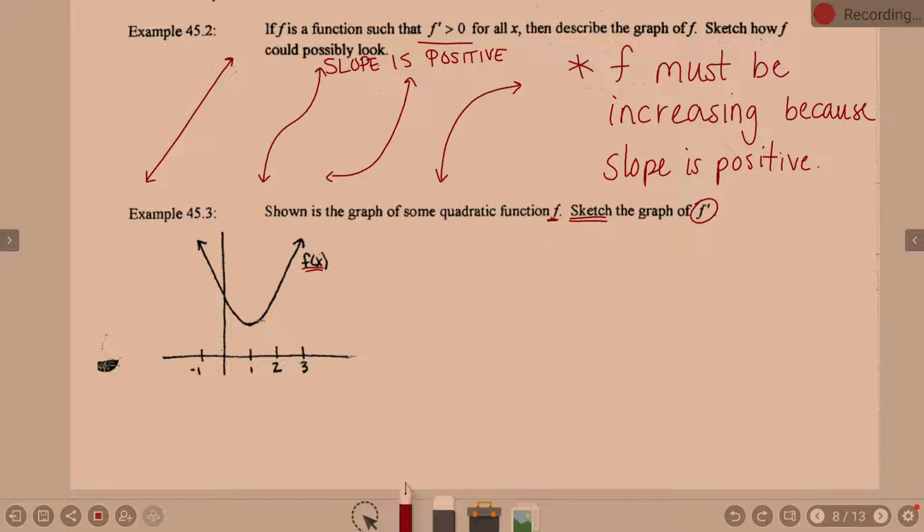It says that f is a quadratic, which is something in my brain that is helpful. And in fact, I think I'll start with that. If it tells me that f is a quadratic, what power does that put in the problem? That tells me there is an x squared in there, right? We're trying to sketch the graph of f prime.